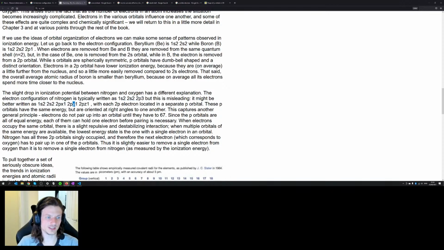I see, this is orientation, because each 2p electron is located in a separate p orbital. These p orbitals have the same energy but are orientated at right angles to one another. This captures another general principle. Electrons do not pair up into an orbital until they have to.